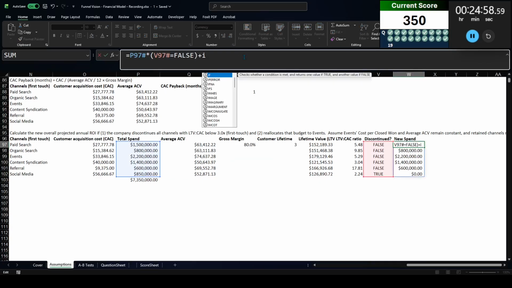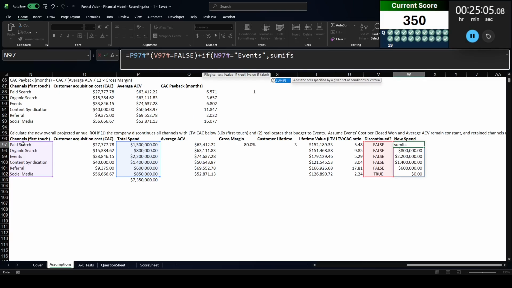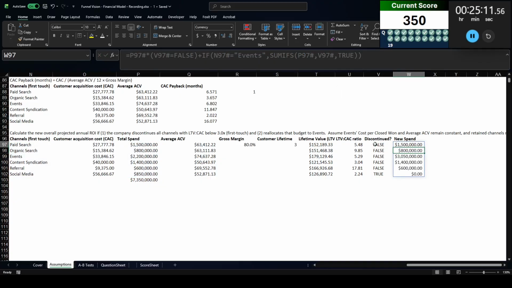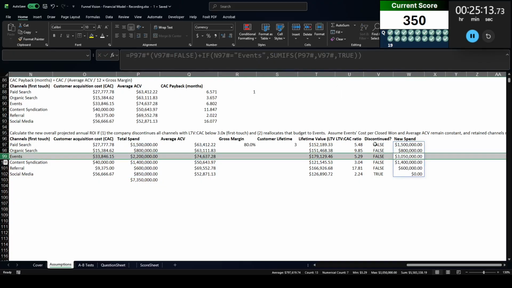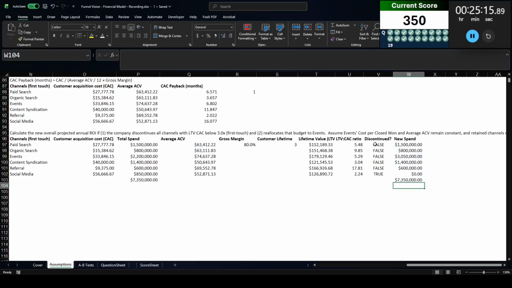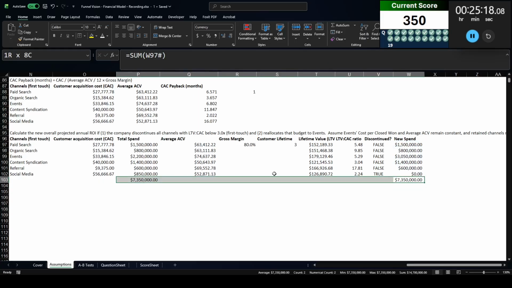Plus, if this channel here equals events, sum ifs, this total spend where discontinued marker is true. There we go. So now we see the total event spend has gone up. Now our total spend is matched, meaning we've reallocated it properly.